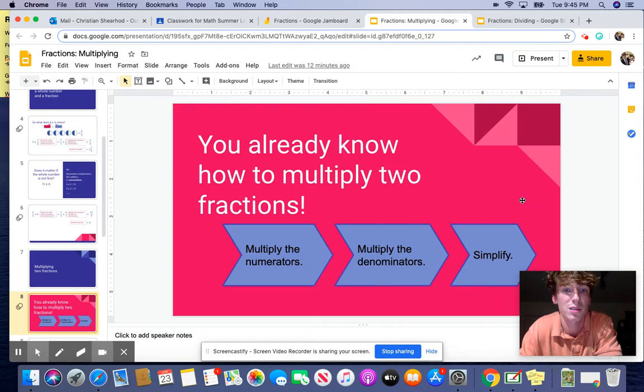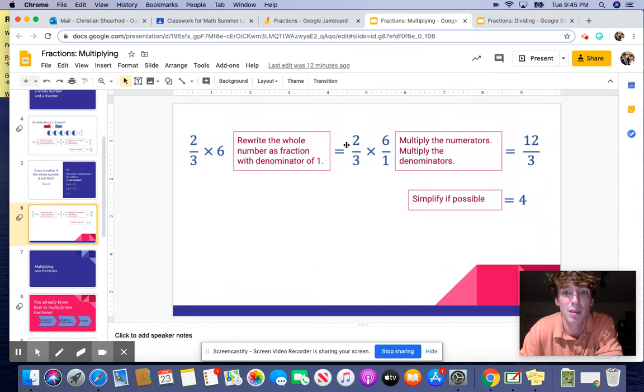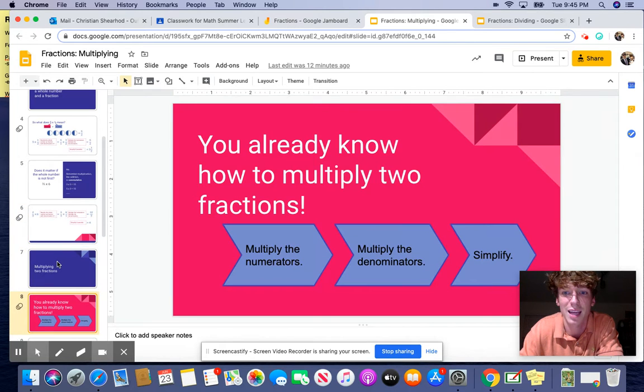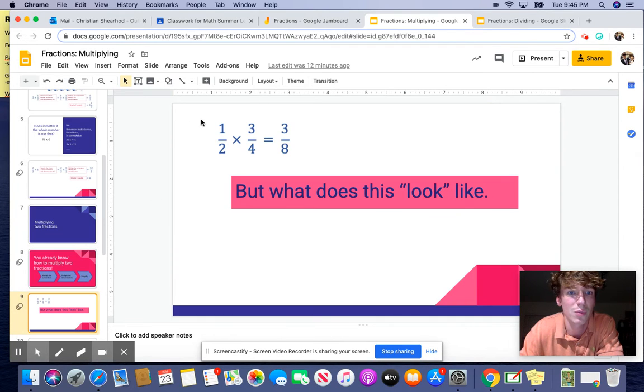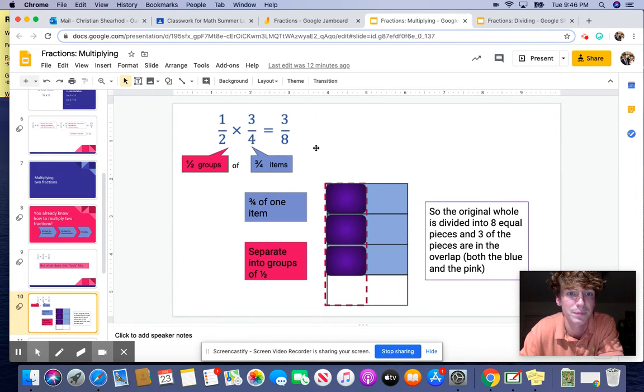Multiplying 2 fractions. Okay. Multiply the numerators, multiply the denominators, simplify. We actually already did this in this one right here. Once we made them into fractions, we multiplied the fractions, but they're going to tell us again. So right here, we multiplied across the top, multiplied across the bottom, bada bing, bada boom, we're done.